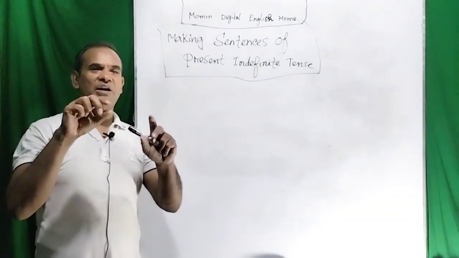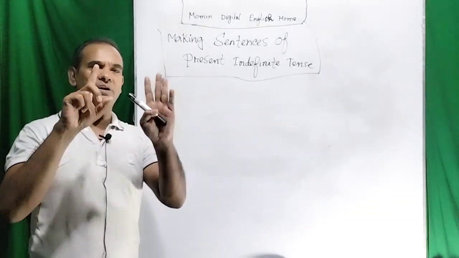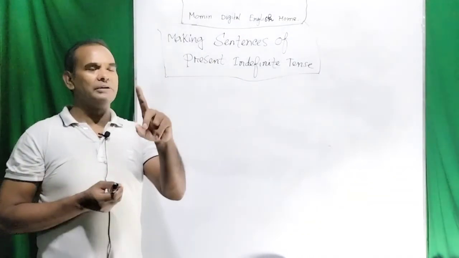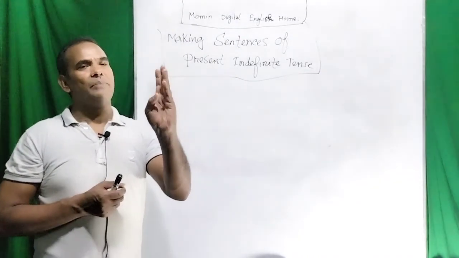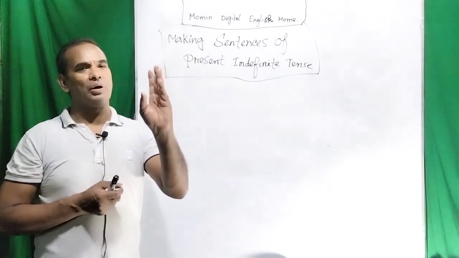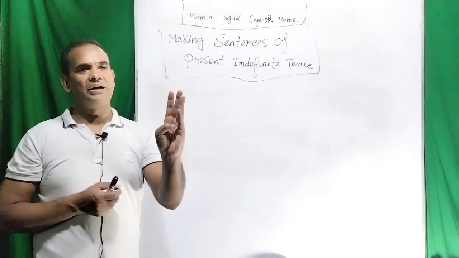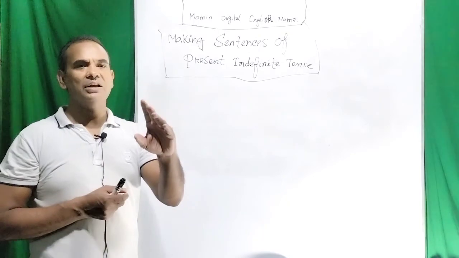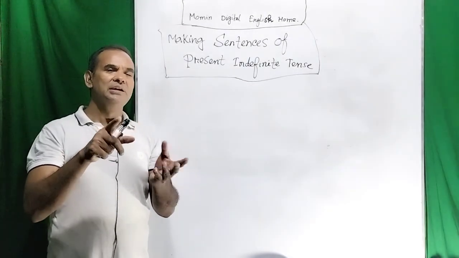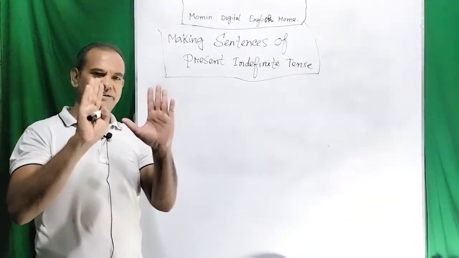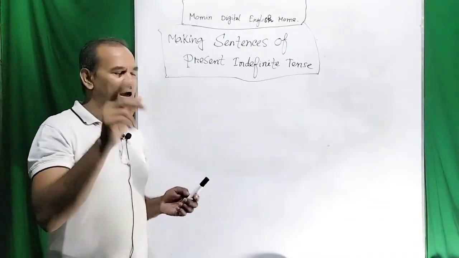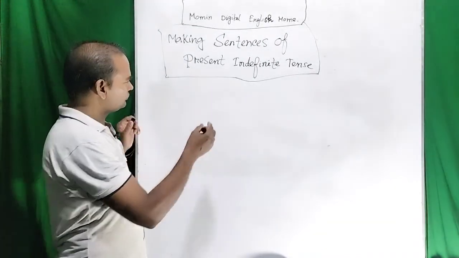The subject must be some noun or pronoun in the nominative case, and the subject must be some singular noun, some plural noun, verbal noun, gerund or infinitive phrase. So the subject must be some noun, pronoun or noun-pronoun equivalent. Please try to understand.